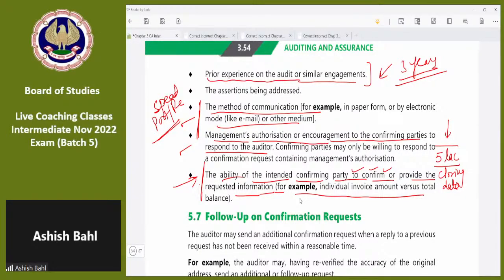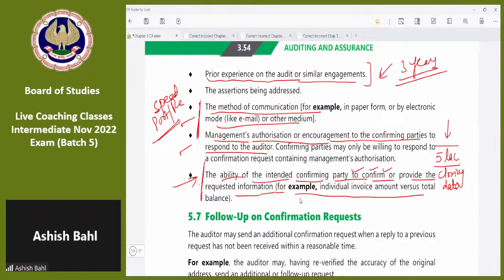Say if I believe that the transactions with the party to whom the confirmation request is being sent are a fraud risk factor, then I may not be satisfied with that party just confirming the balance.